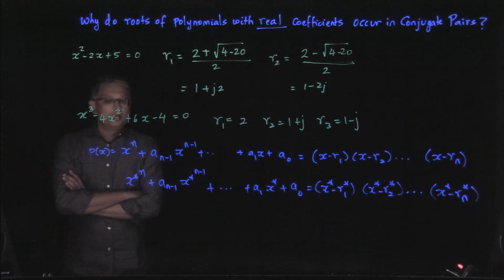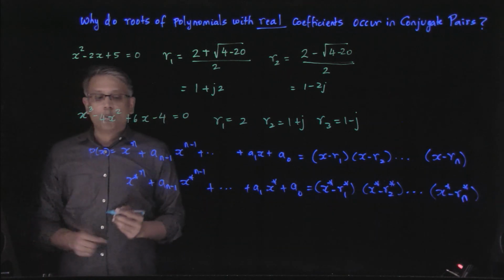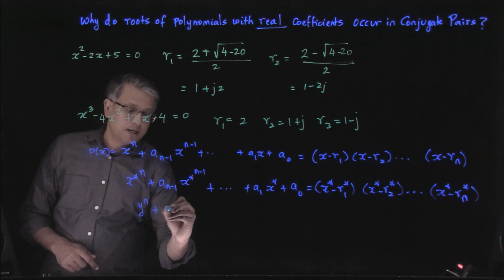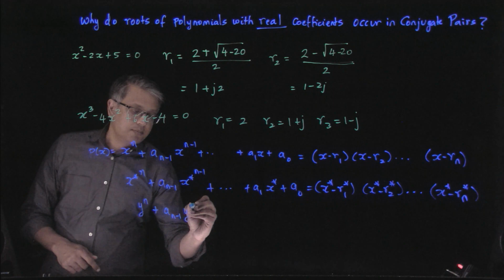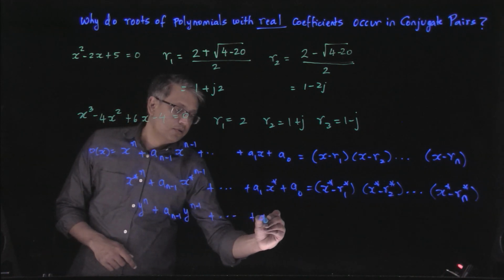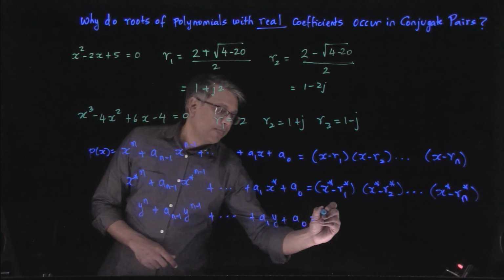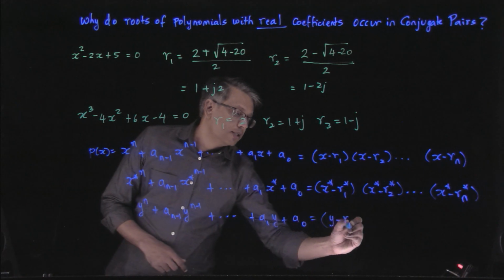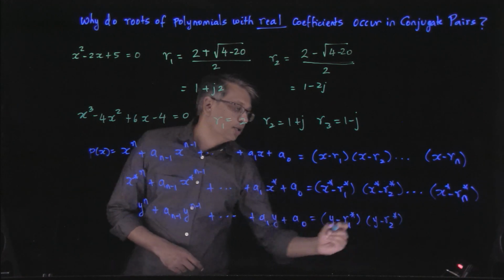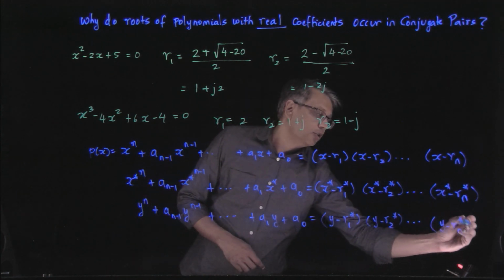Now, I'm just going to call x conjugate as y. And now you will notice that you get y to the n plus a n minus 1 times y to the n minus 1 plus so on and so forth until a1 times y plus a naught is equal to y minus r1 conjugate times y minus r2 conjugate, so on and so forth until y minus rn conjugate.